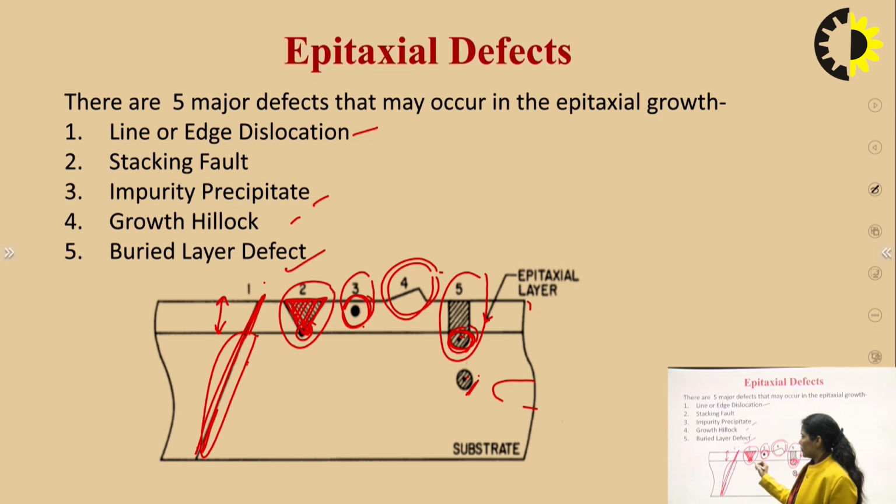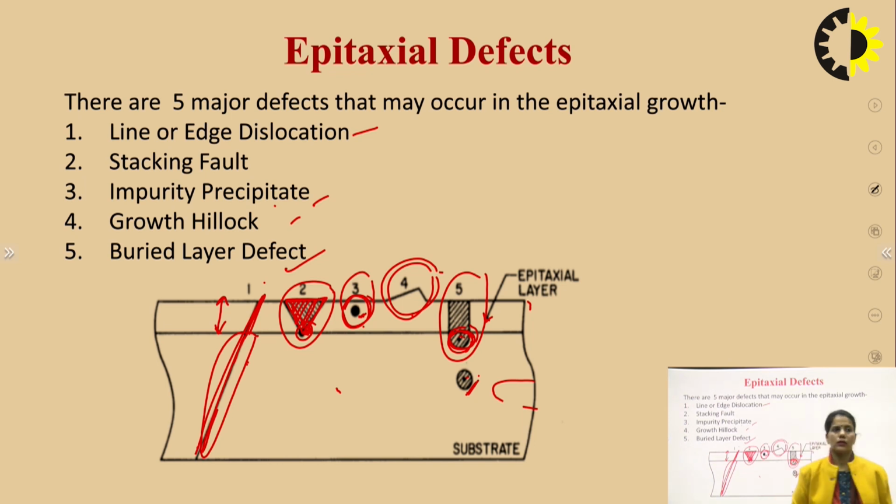So this defect can be seen extended to the epitaxial growth layer as well. Next is impurity precipitate. So this is the example of the existence of any impurity in the epitaxial growth layer. And next is the growth hillock.